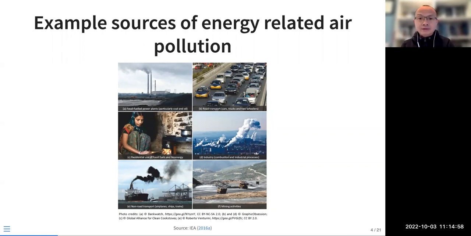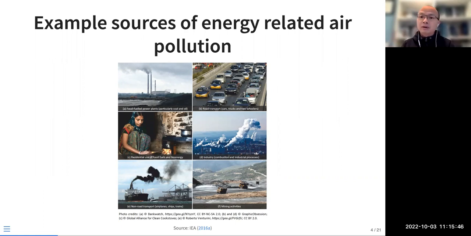Power plants are very typical point sources, or stationary sources, because they stay there and are a big source, and very often we need to focus on those stationary sources. It's not just because they account for a big portion of the pollutants, but also because if we pay attention, we can achieve mitigation more effectively and at a lower cost.